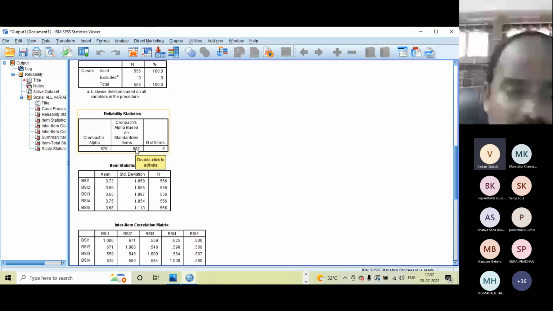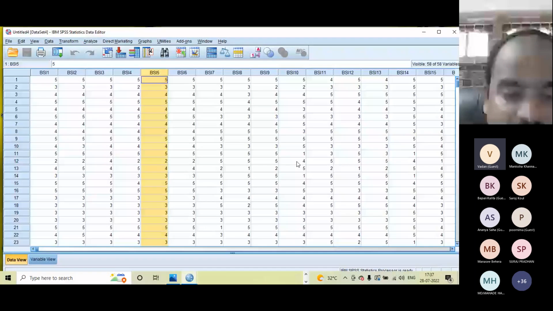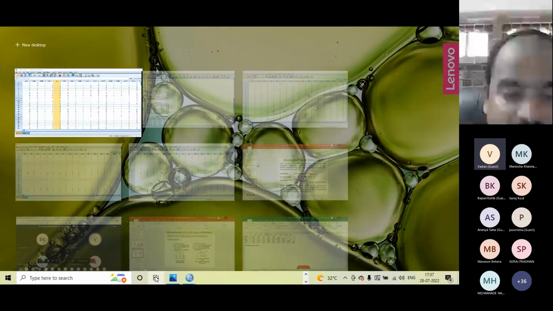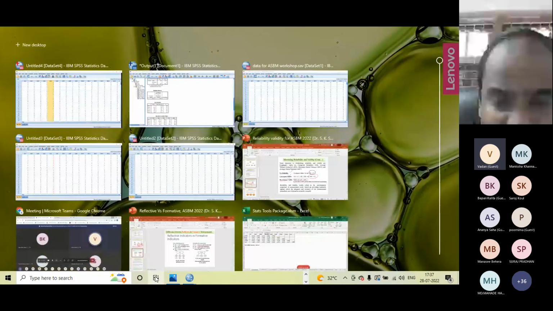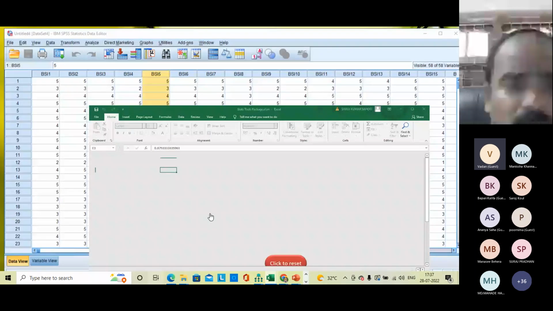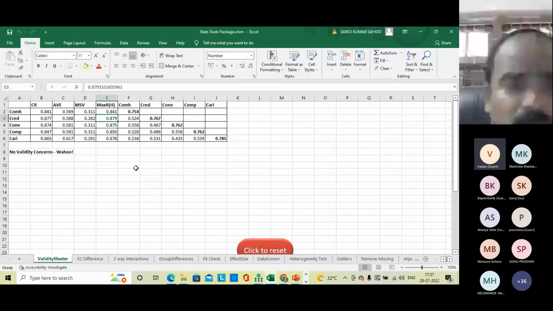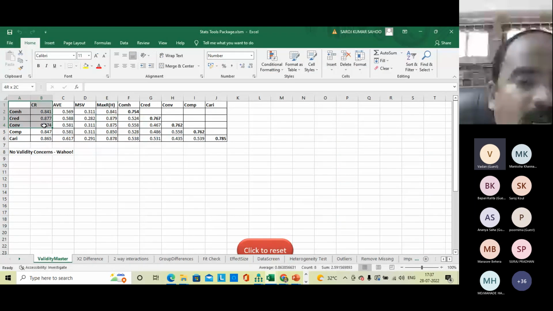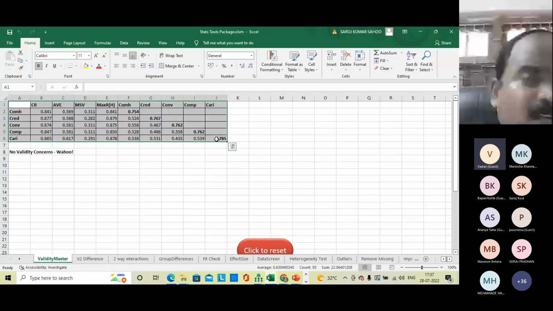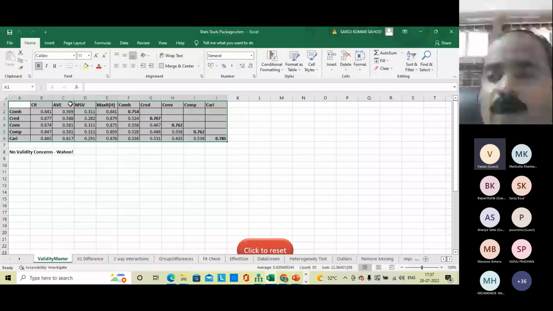What article writers generally do: whatever table has already been created, look here, you directly take this table to the Word file and insert another column next to the CR, and put the value of Cronbach alpha.